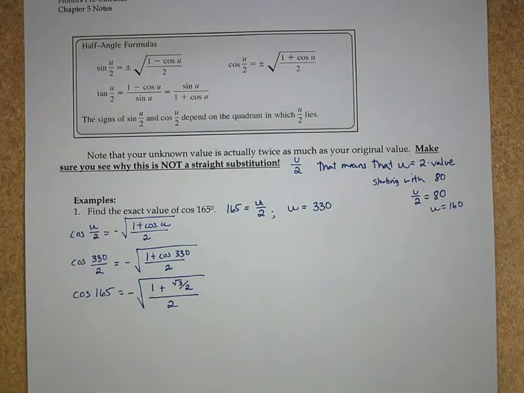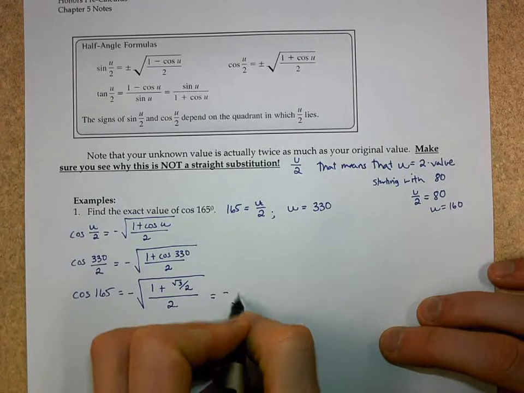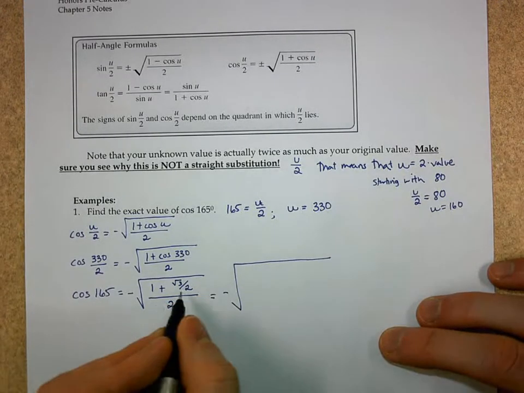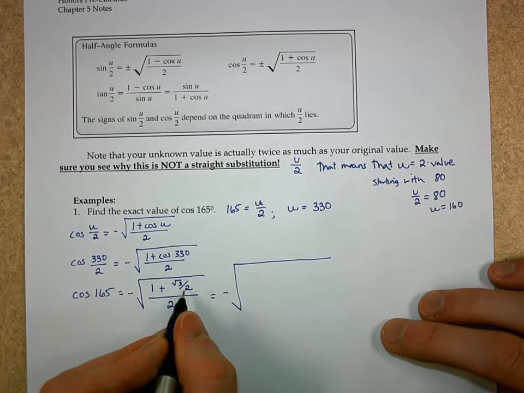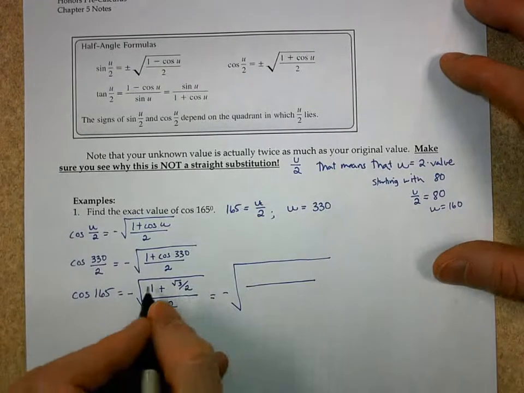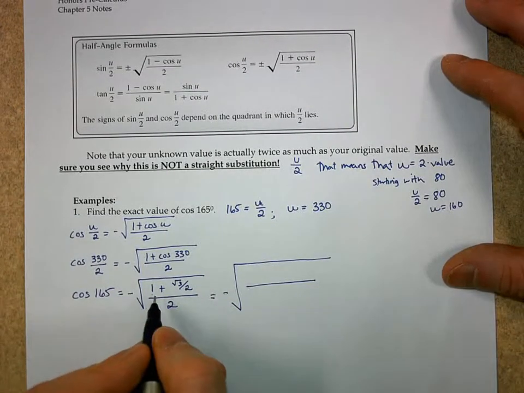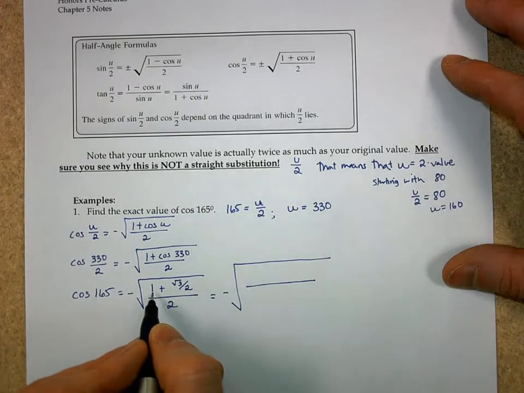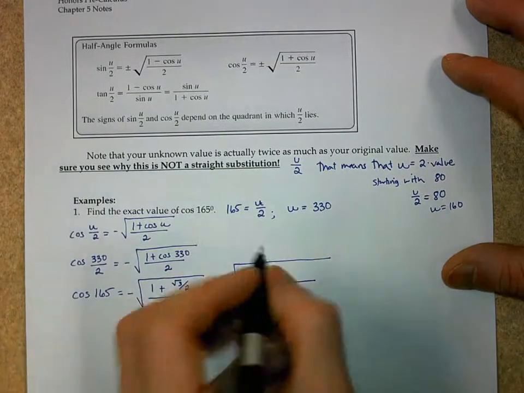And at this point, now it's just algebra. I'm going to do everything inside of this square root. I'm going to start with the numerator piece. 1 plus square root of 3 over 2, I need to find a common denominator. So if I'm going to find a common denominator in this numerator piece, it's going to be 2. So it means I need a 2 in this denominator underneath the 1, which means I also have to multiply the numerator by 2.